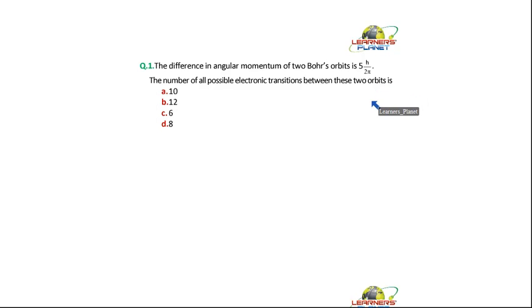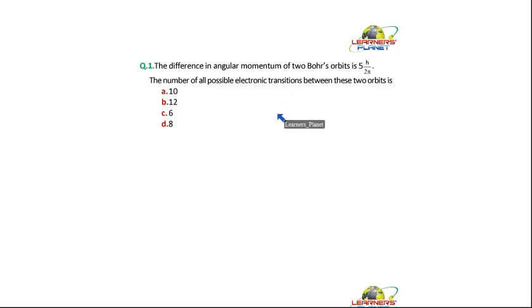While doing the electronic transition, they will emit light also. So we can say the number of spectral lines, in other words. So you have to calculate the number of all possible electronic transitions.